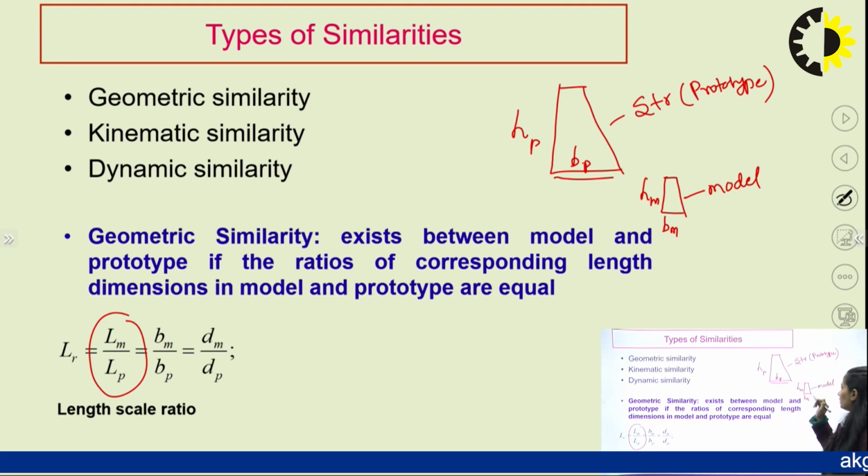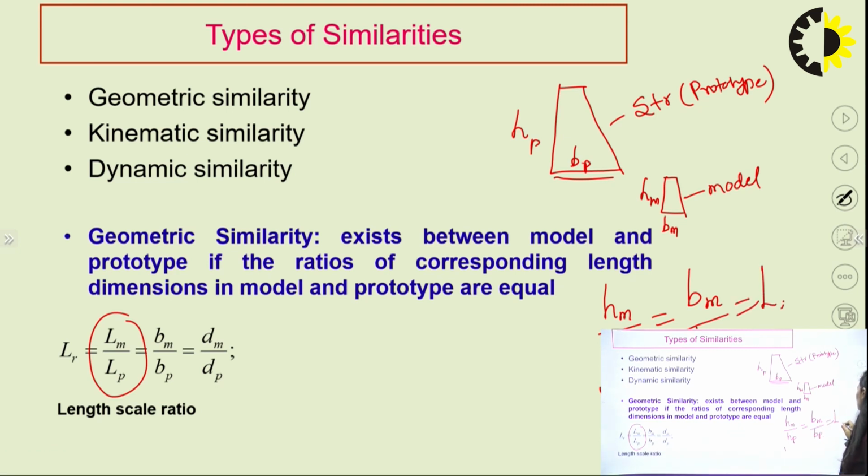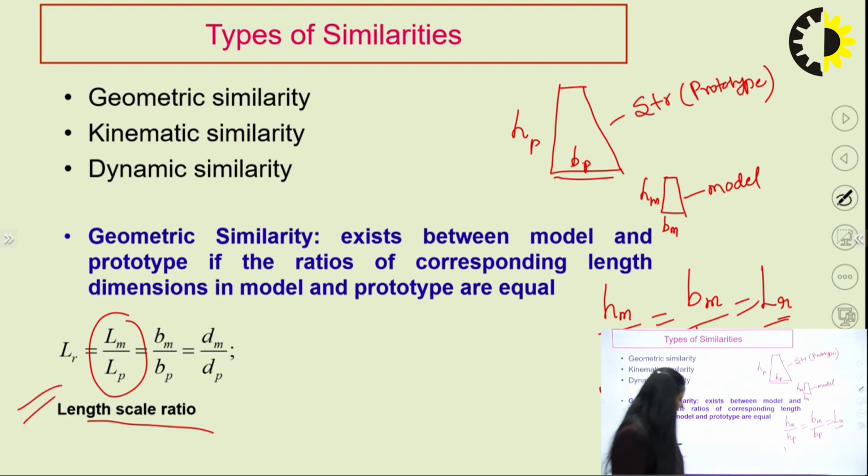That means HM divided by HP must be equal to BM divided by BP, and we call this equal ratio the length scale ratio, LR.